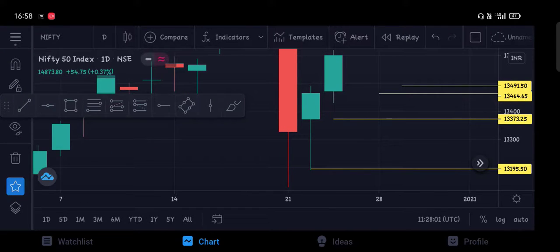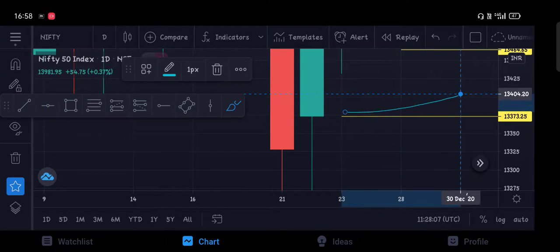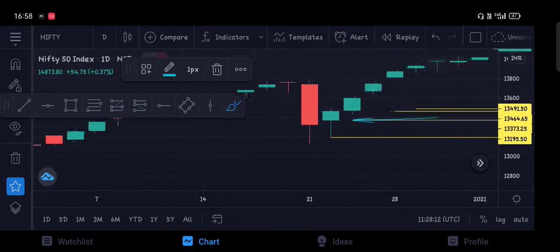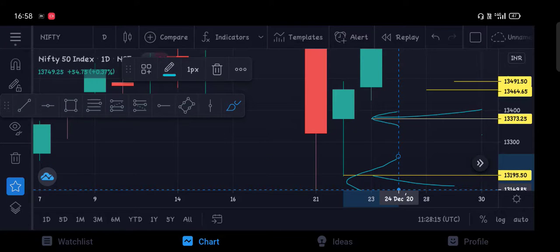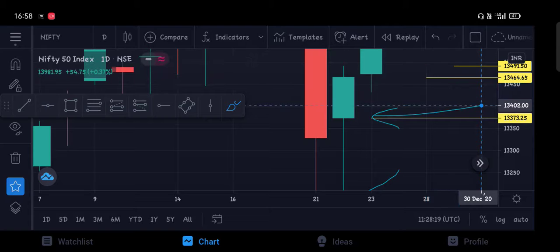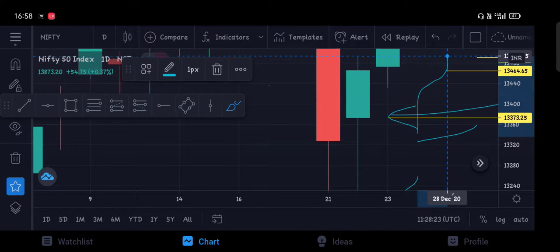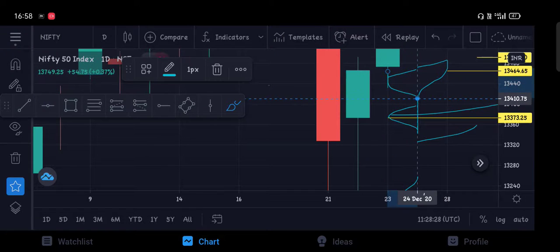What that means is that the Nifty started from this region, went down till here at 13,195, but then tried to go up and went till this level.